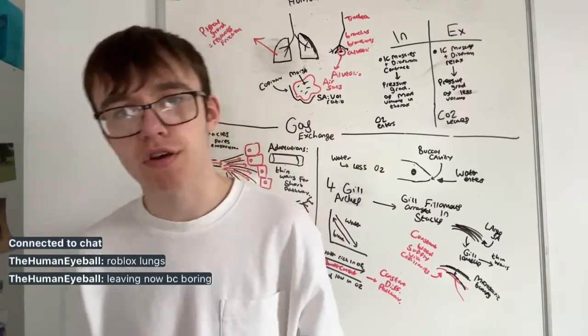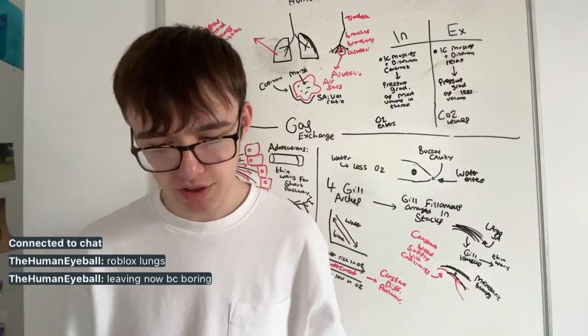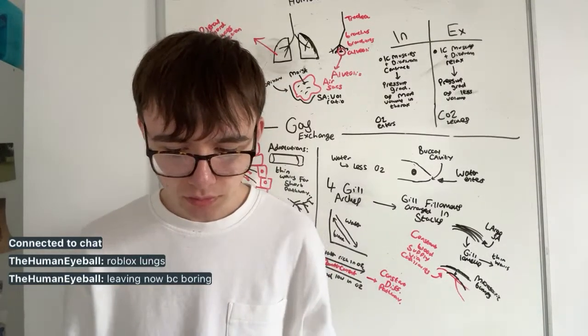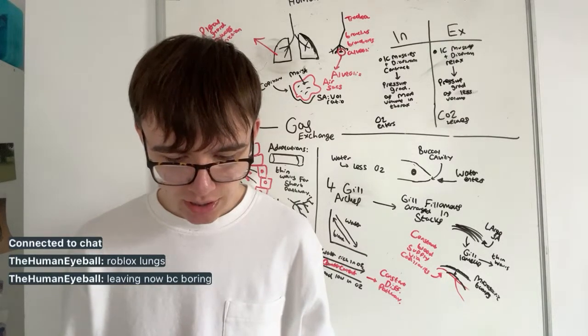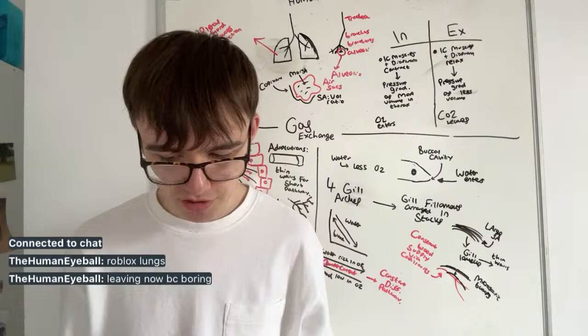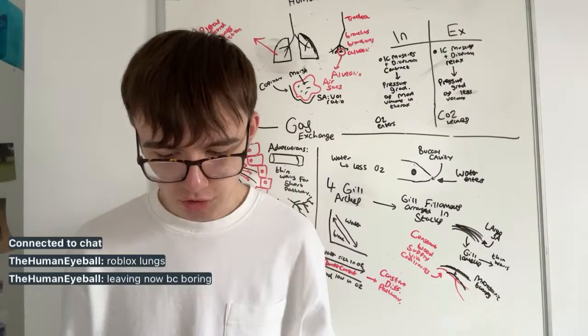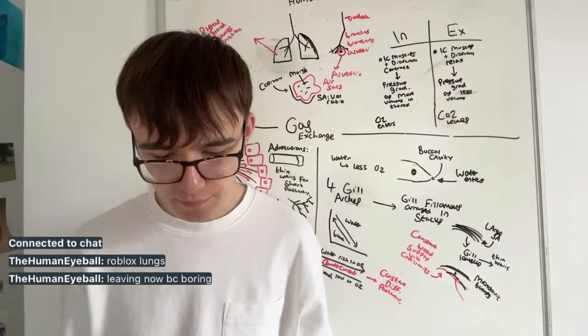Let's just read my essay, because I'm sure that would be easier to understand. Ventilation occurs firstly via inspiration. The external intercostal muscles contract, and the diaphragm flattens out.